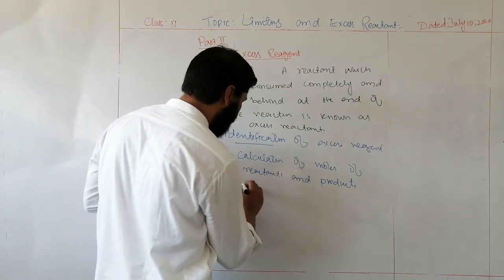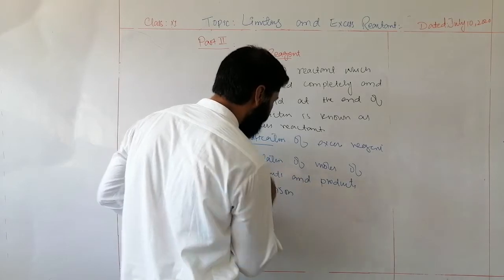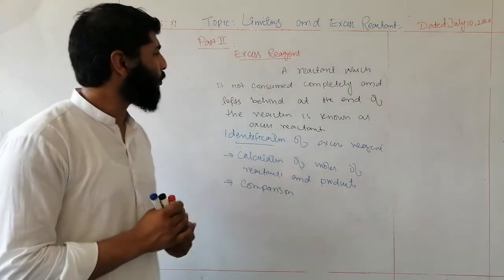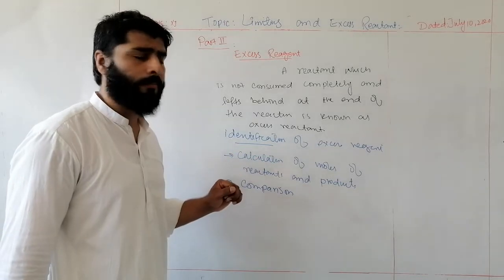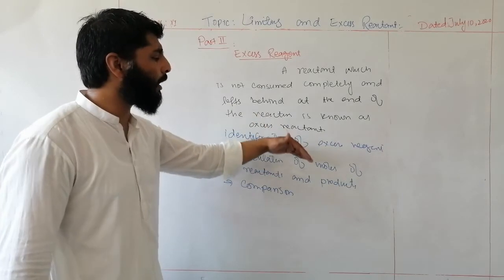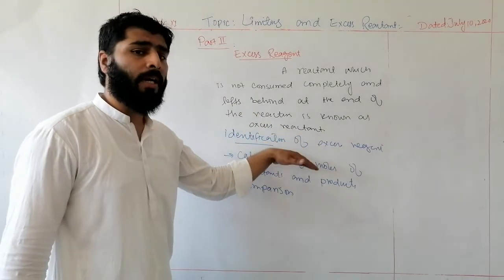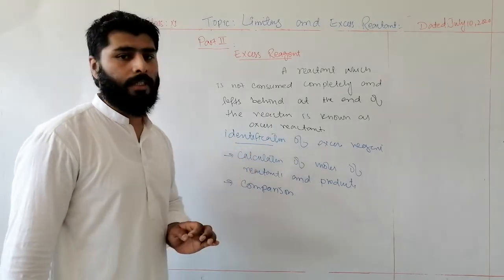Then comparison. First of all, we have to calculate the number of moles of both the reactants and the product. Then we have to compare the reactants one by one with the product in order to find the limiting reagent.